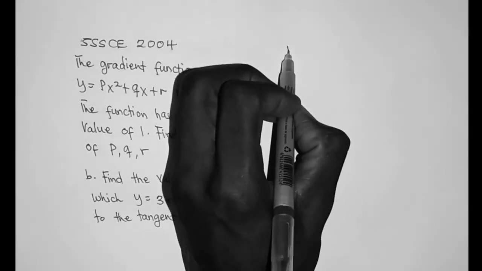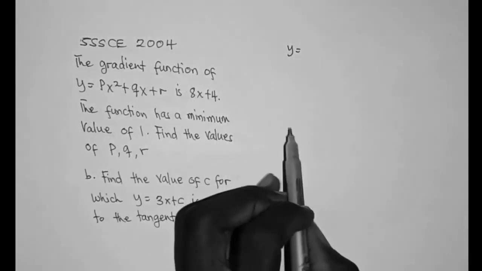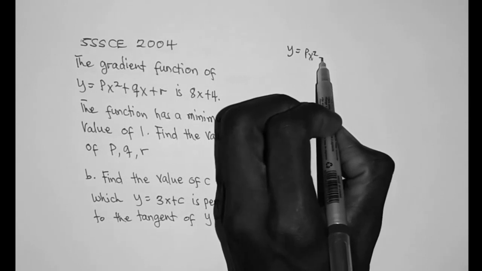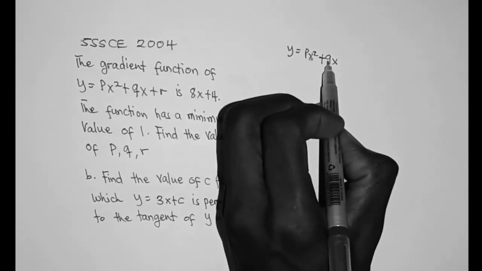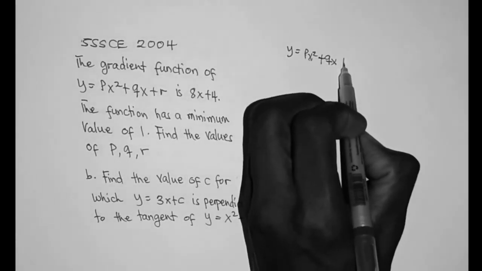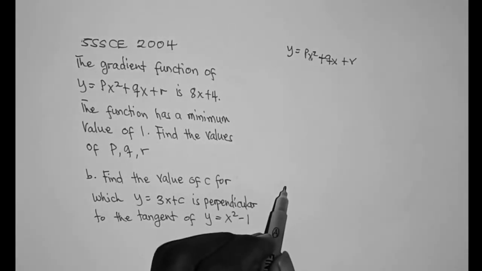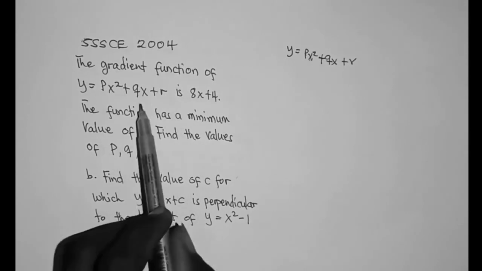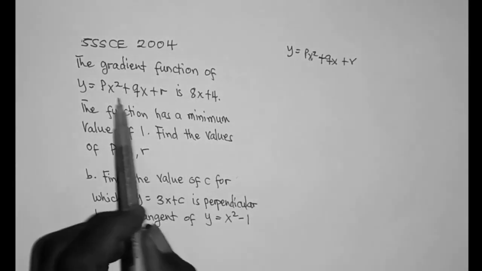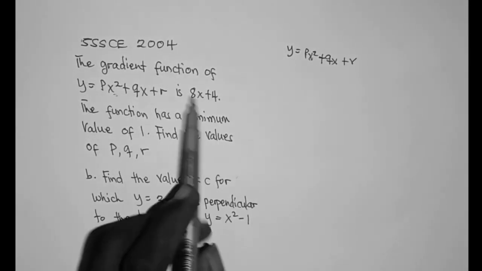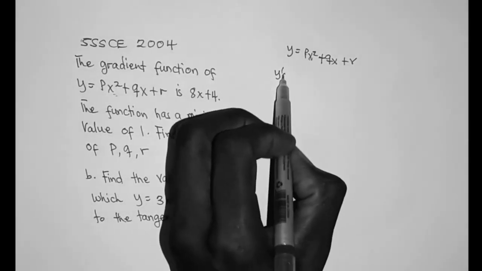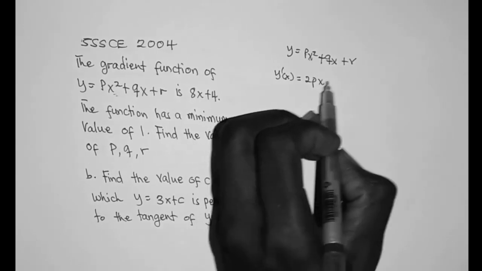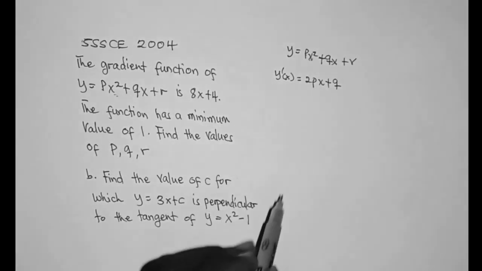So the question is giving us y equals px squared plus qx plus r. So this is y. Then the question is saying that the gradient of this is equal to 8x plus 4. So let's find y prime of x. It's equal to 2px plus q.